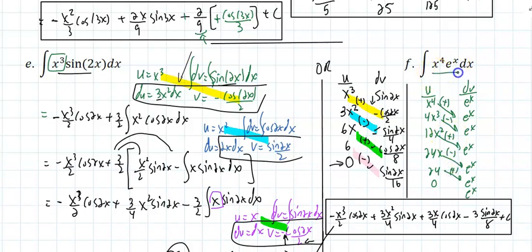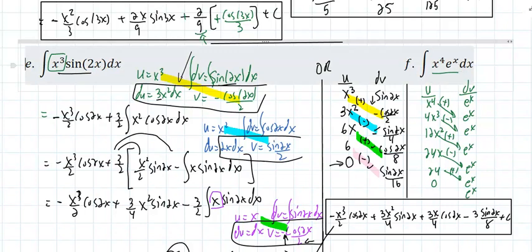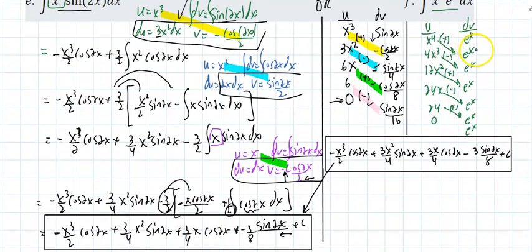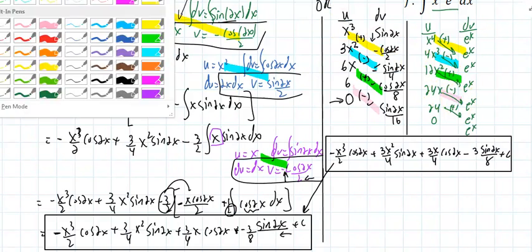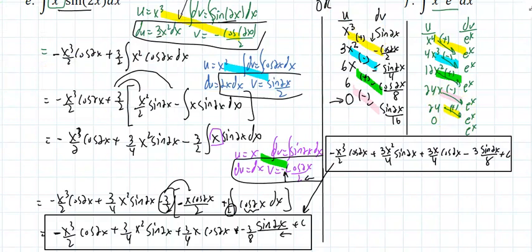And you'll notice that if you do this integration by parts 4 times, that takes a long time. Or you could simply say that is, if I go by the yellow, blue, green, orange, then yellow again.